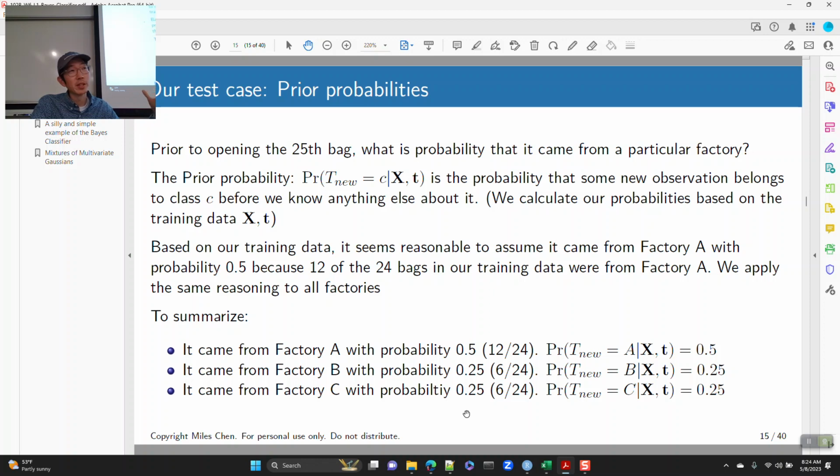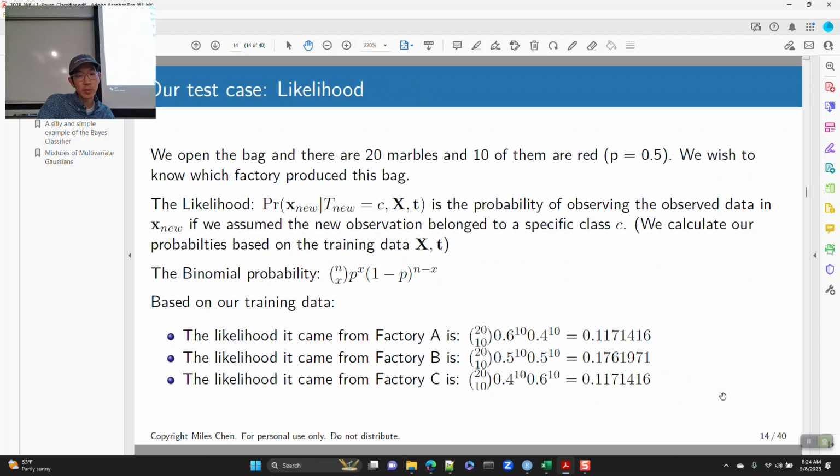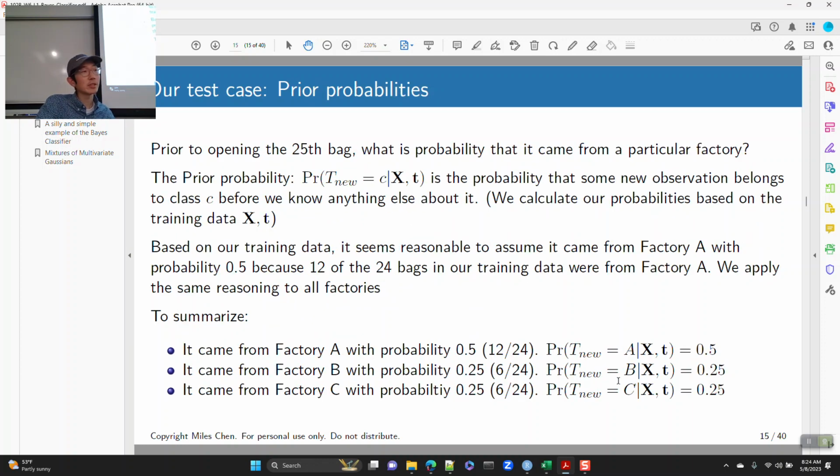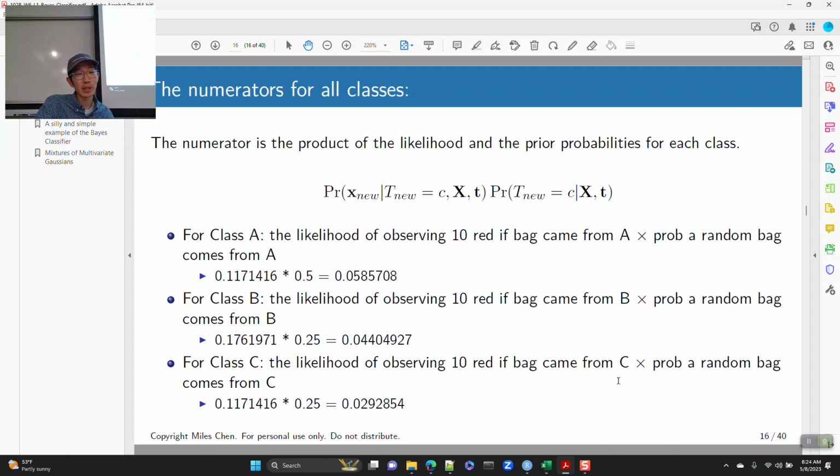This is based on prior to looking at the data. Now we want to balance these prior probabilities with our likelihoods, and to do that, we just multiply them together. We calculate the numerator, which is the likelihood times our prior.